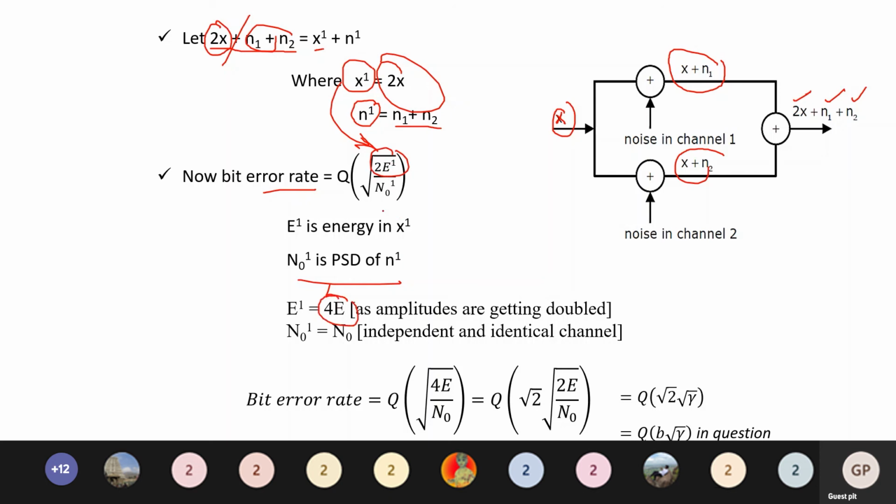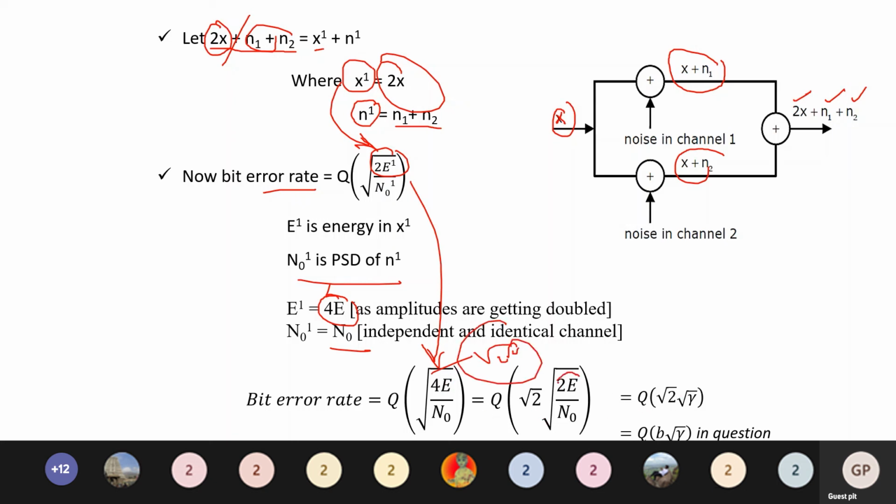Even if you vary the noise amplitude twice, the noise characteristic will not change, so you write it as N0. As a result, you can change this equation to root of 4E by N0. After that, you take the root out commonly: 4 can be written as root 2 into root 2, and we take root 2 outside.